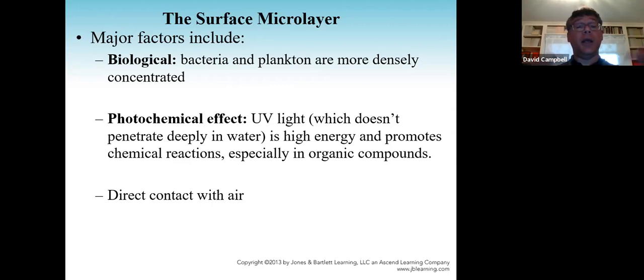With that high energy, it can trigger chemical reactions, like the chemical reactions in your skin when you get fried by it, but also chemical reactions in various substances that can be floating around the water. And then once those reactions happen, the stuff can mix in with the water. So even though UV is only penetrating the very surface, the effect it has there impacts stuff through much more of the ocean.